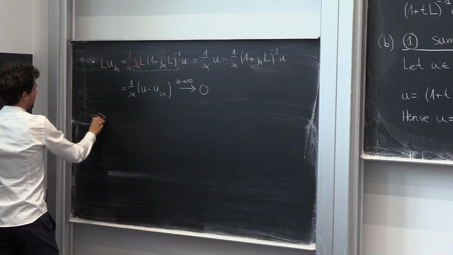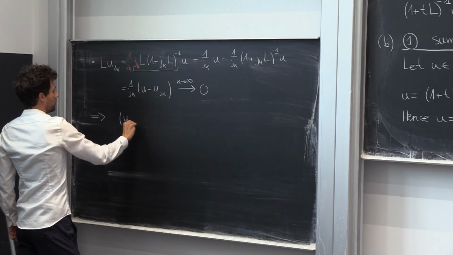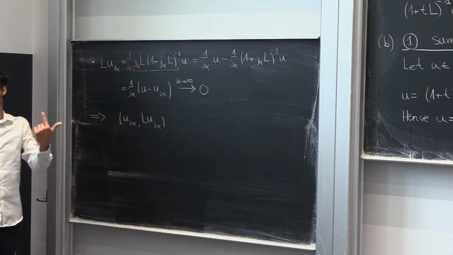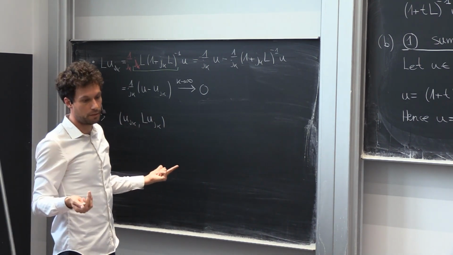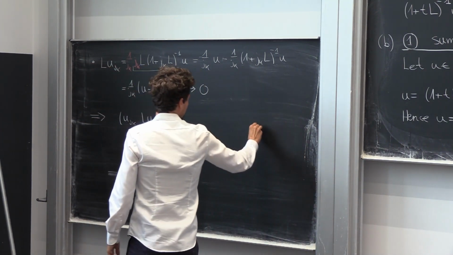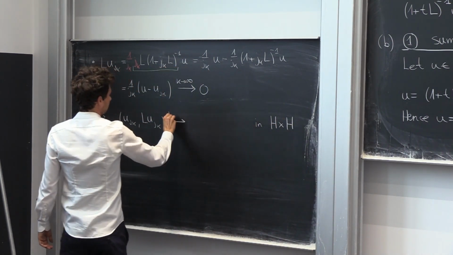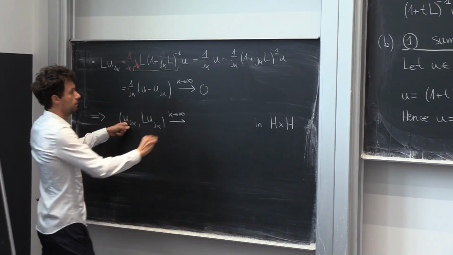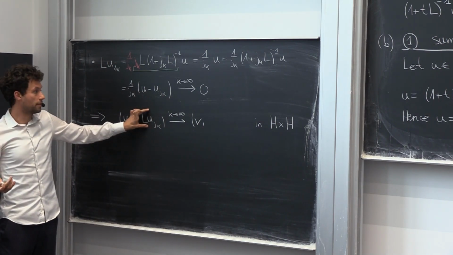Okay. Now, let's put the two things together. I can look at both of my auxiliary results simultaneously by merging them into a sequence in the product space H times H. And now in the limit, as k goes to infinity, I have weak convergence of this guy towards v, and I have strong convergence, hence weak convergence, of this guy towards 0.